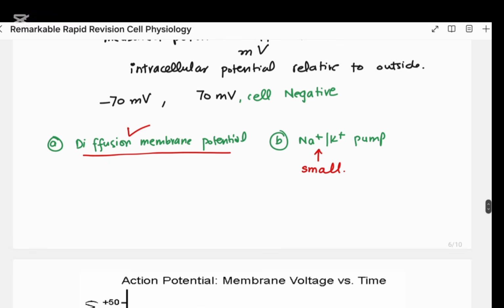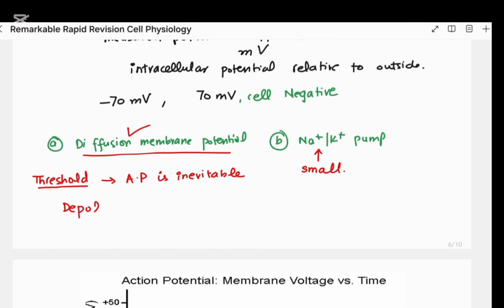Whenever there is a stimulus, it may not always lead to an action potential unless a threshold is reached. After a threshold is reached, the action potential is self-sustainable or inevitable. So a few terms.